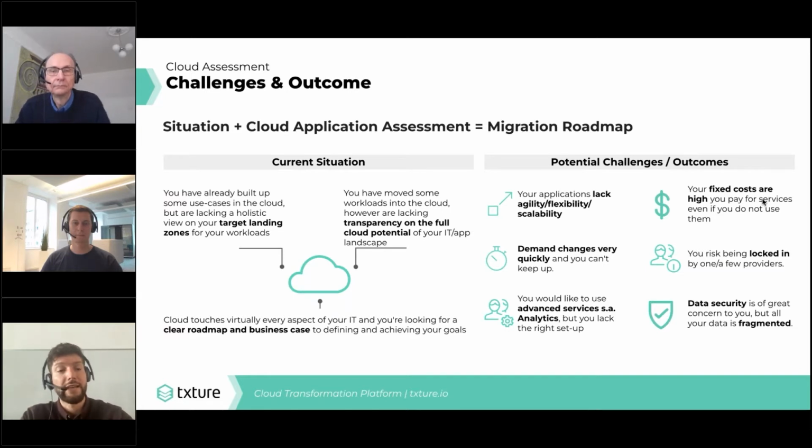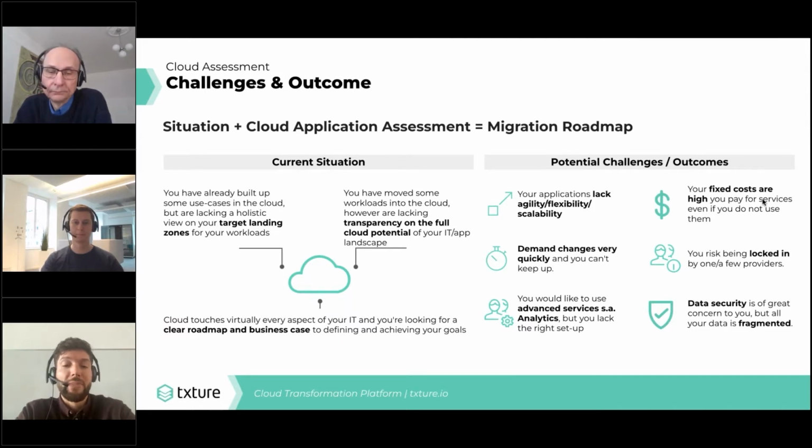Or they already had some cloud strategies in the back, where it was an end of life cycle and a pressure of management to move certain applications or parts into the cloud, and then they ended up in vendor lock-ins and maybe even had higher fixed costs in the end than in the beginning.